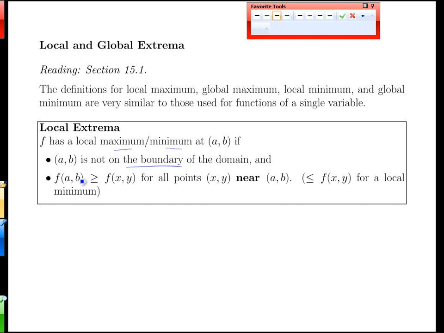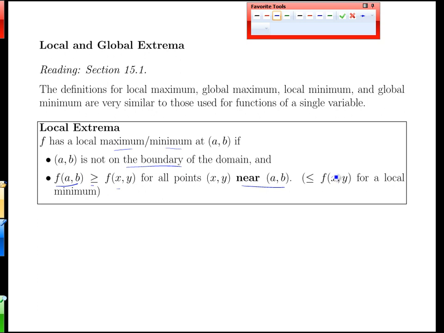And what makes a point more extreme than its neighbors is that its value is always larger than or possibly equal to all the points in some region around where we are. And of course, that would be for a maximum. If we're looking at a minimum, our value would always be less than all the values of the function nearby.